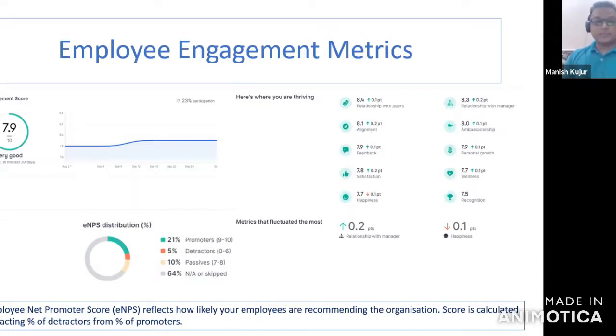But creating a dashboard for employee engagement metrics becomes quite difficult, because we have to think about what sort of metrics we can capture, based on the organization, business, and teams.